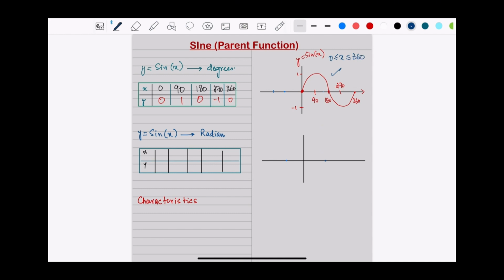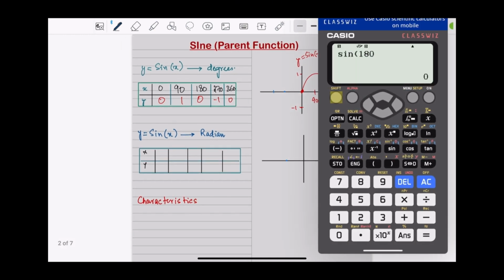The same goes if I convert my calculator to radian mode and I take these values: 0, 90 is pi over 2, 180 is pi, this is 3 pi over 2, and this is 2 pi. If I take these values in radians, sine 0 is again 0. If I plug in sine pi over 2, it makes it 1.